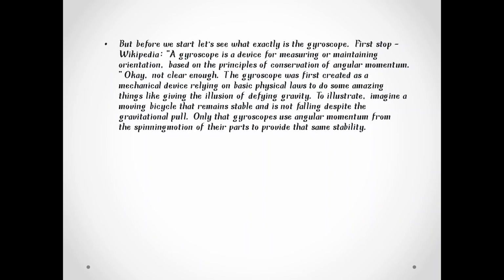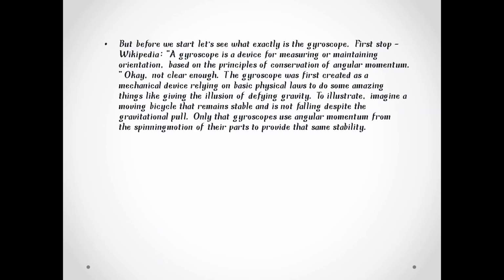But before we start, let's see what exactly is the gyroscope. First stop, Wikipedia. A gyroscope is a device for measuring or maintaining orientation based on the principles of conservation of angular momentum. Okay, not clear enough.